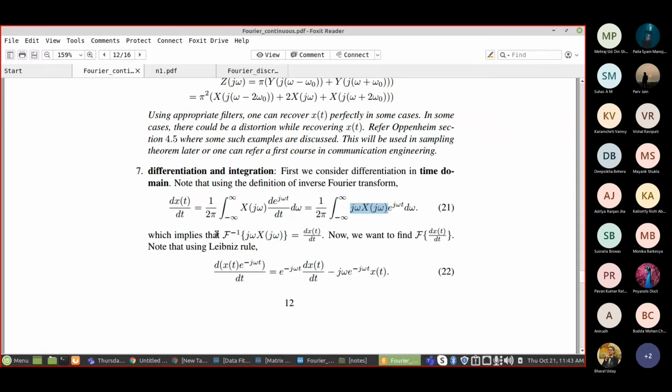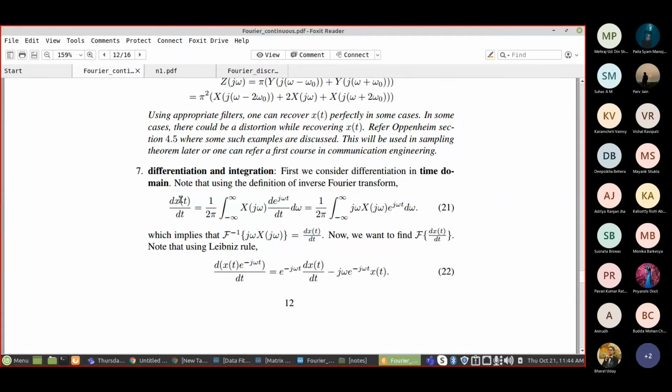So F inverse of this is d/dt of x(t). So the forward way is slightly tricky.